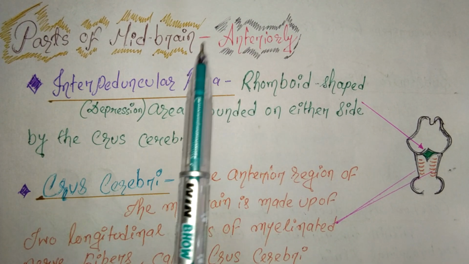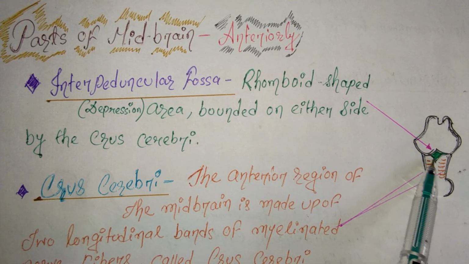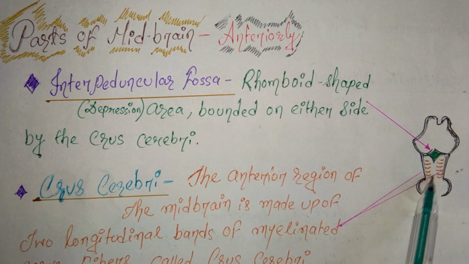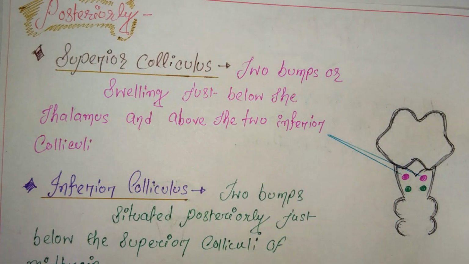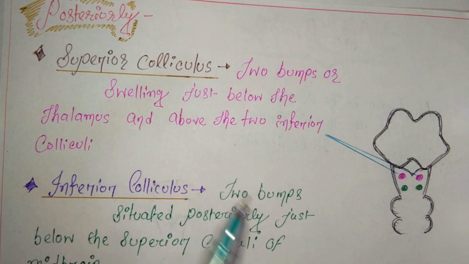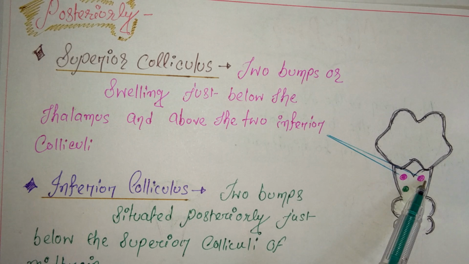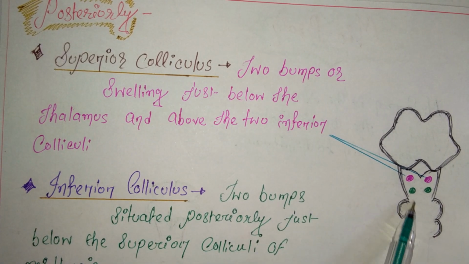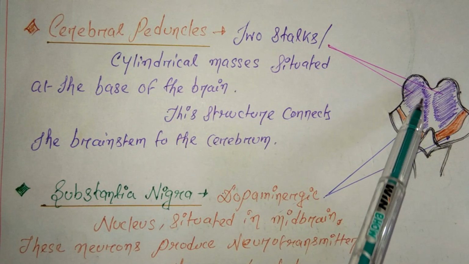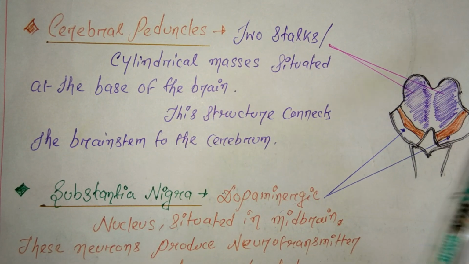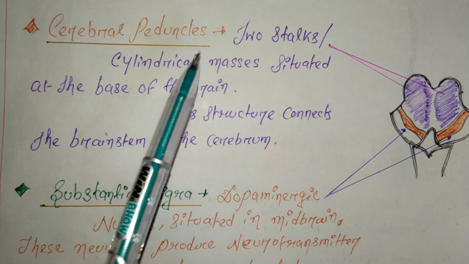Let's just repeat the parts of midbrain. Anteriorly we have the interpeduncular fossa, this depressed part, and two longitudinal structures called crus cerebri. Posteriorly we see two bumps superiorly, called superior colliculus, and two bumps inferiorly, called inferior colliculus. These two cylindrical masses at the base of the midbrain are called cerebral peduncles.